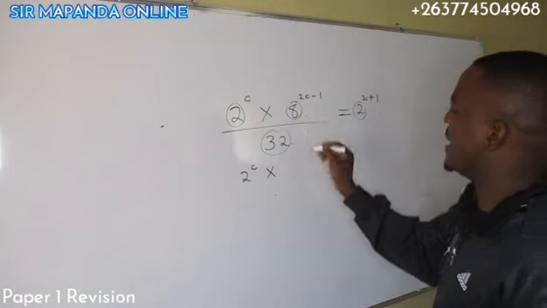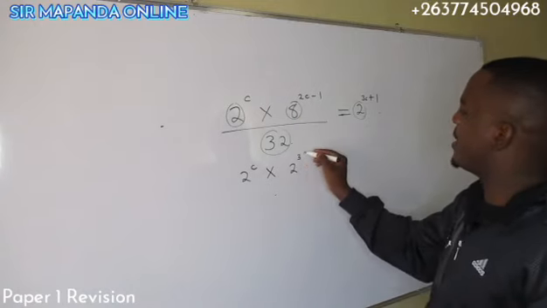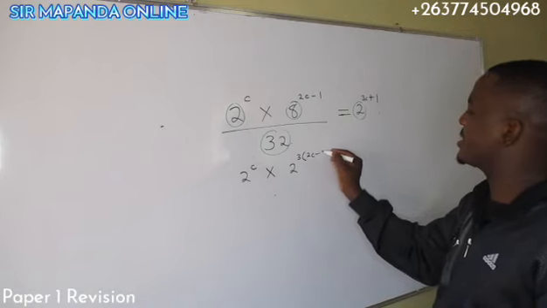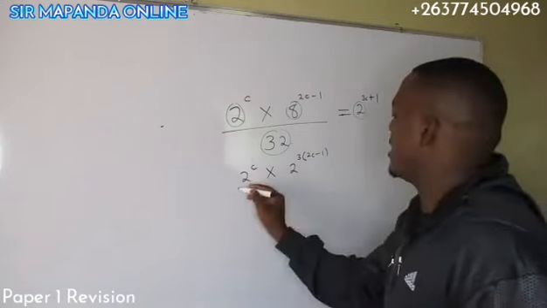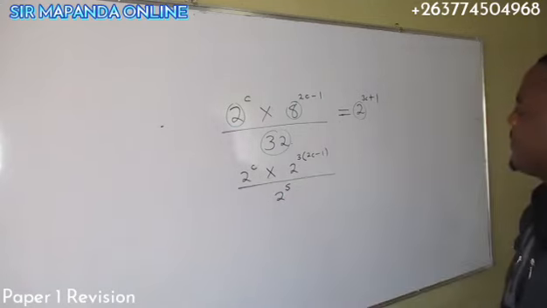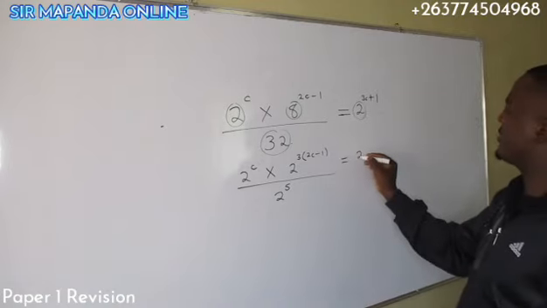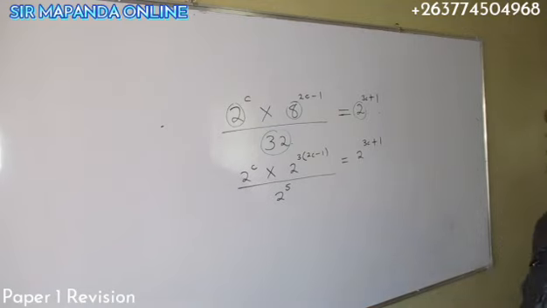Right, but 8 can be written as 2 to the power of 3, open bracket, 2c minus 1, something like this. Then 32 is as good as 2 to the power of 5. Then on the right, you have 2 to the power of 3c plus 1, something like this.